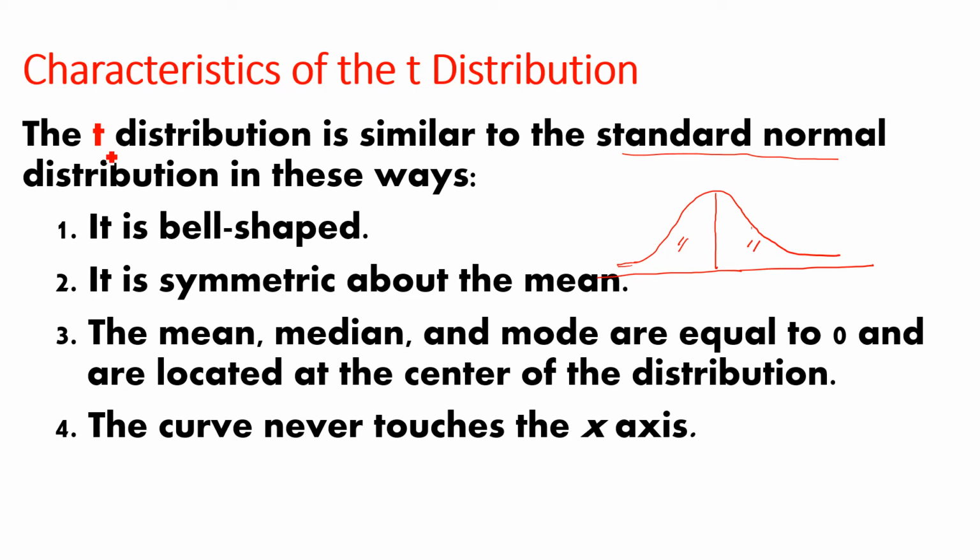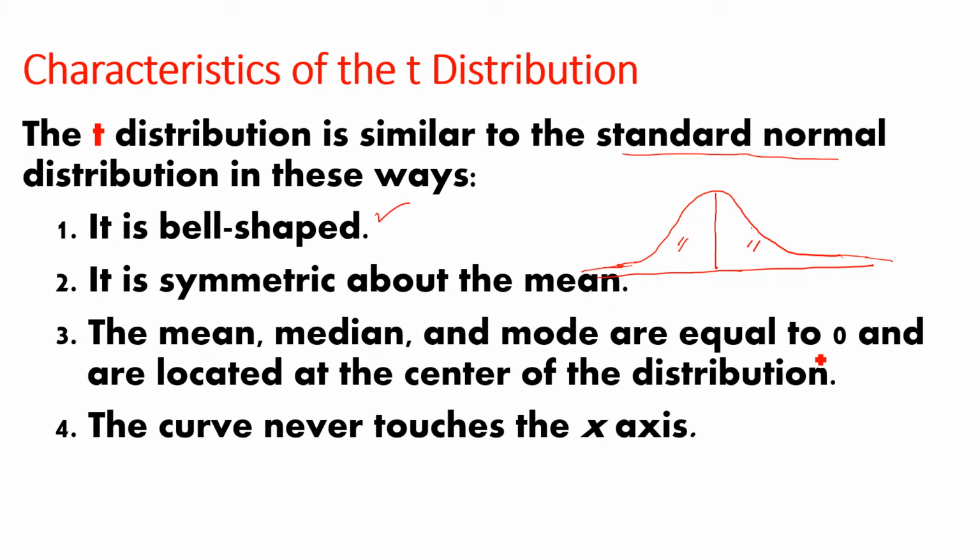So the characteristics that are similar between the T distribution and Z distribution: the first is that it is bell shaped. Keep in mind that both these lines you can extend in either direction, but they will never touch the baseline or x-axis. It is symmetric about the mean.